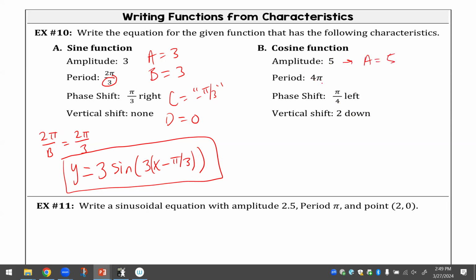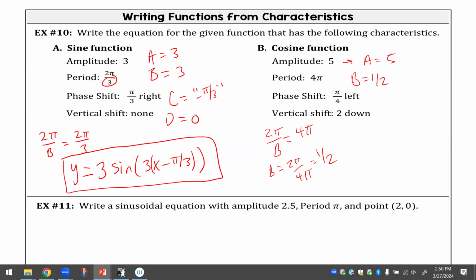Our period, we're going to find our B value. By finding your B value, remember it's 2 pi over b equals 4 pi. So you just need to solve for b. So when you solve for b, you end up with b equals 2 pi divided by 4 pi, which is 1/2. So we now know our b value equals 1/2.